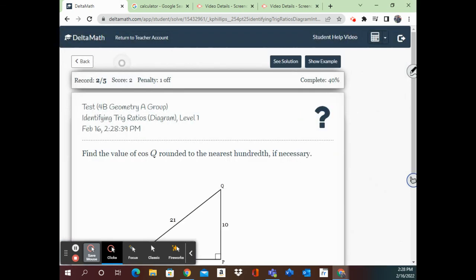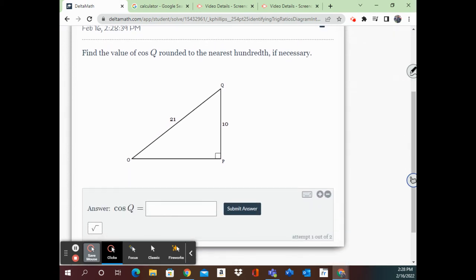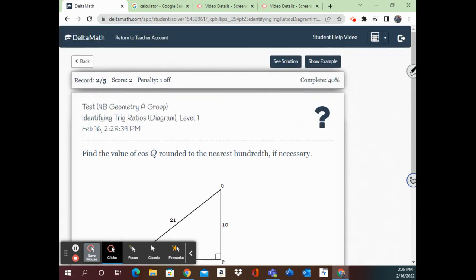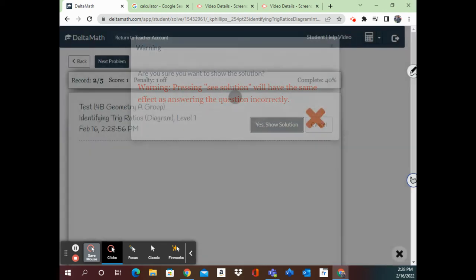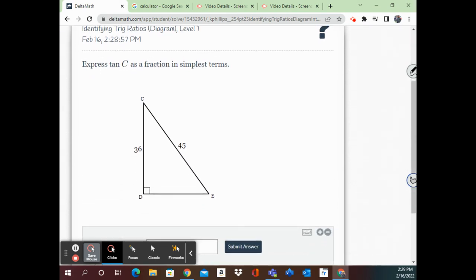All right, so let's do one that we haven't seen yet. Let's see if we can find a tan function. Tan is a little different.